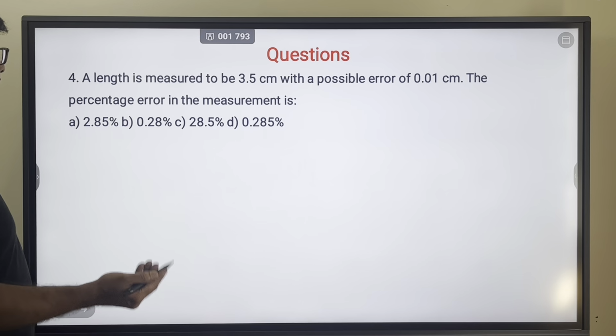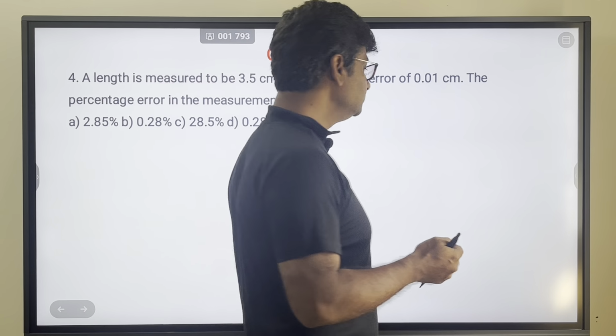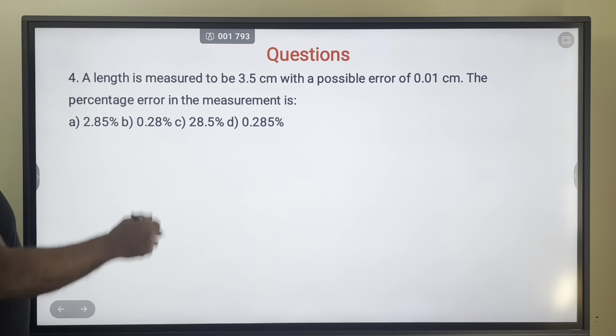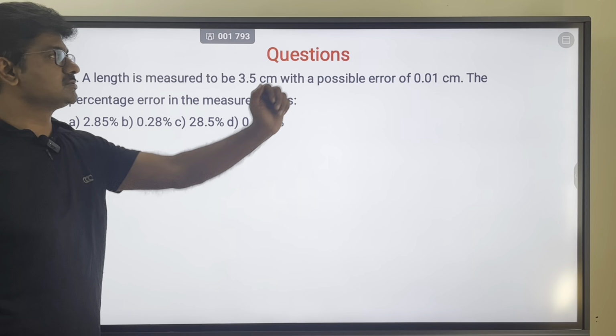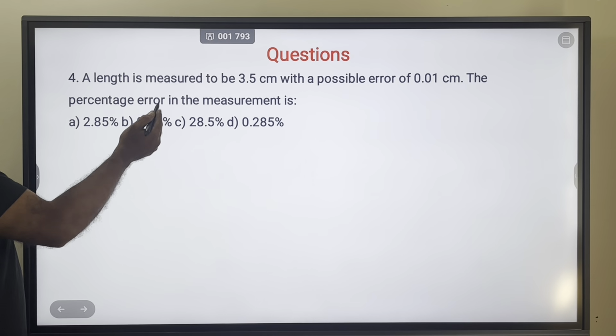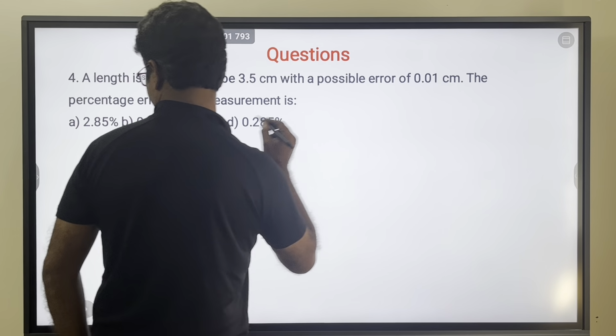So slightly we go into the questions which are of JEE level. The length is measured to be 3.5 centimeters with a possible error of 0.01 centimeters. The percentage error in the measurement is? What is the error here?